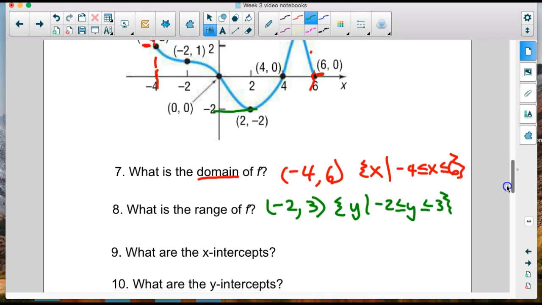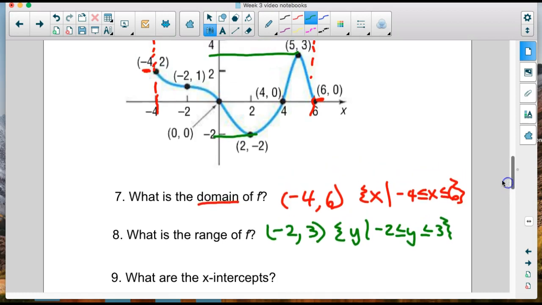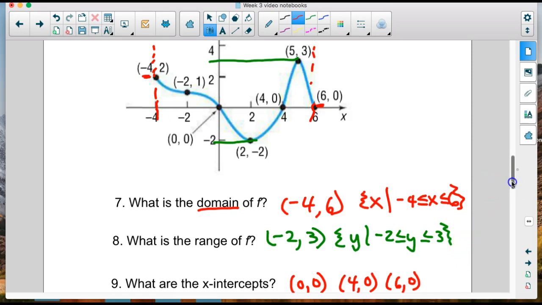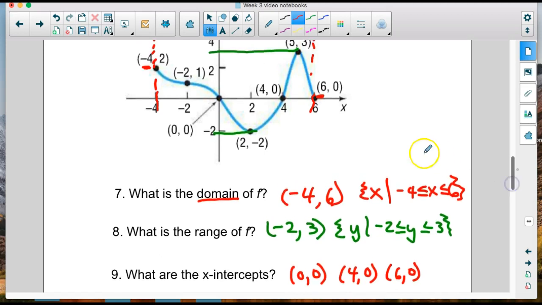X-intercepts and y-intercepts. X-intercepts of this graph are where it crosses the x-axis, and we saw that in the other question. The x-intercepts would be 0, 0, 4, 0, and 6, 0. Okay, and the y-intercept is where it crosses the y-axis, and that would be just this point right here.